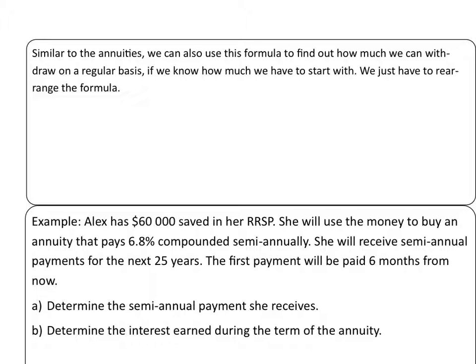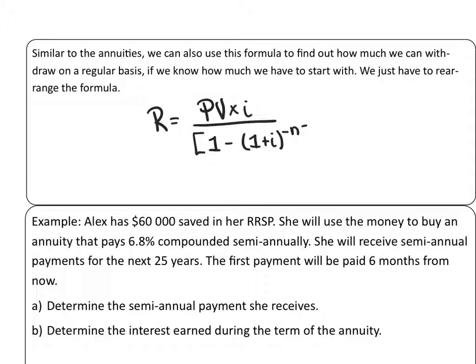If we know what we start with, we just have to rearrange the formula and it will look like this: R equals PV times I over 1 minus (1 plus I) to the negative n. Okay, so it's just been rearranged. Let's see how this works with an example, and then I'll let you guys do the practice stuff.